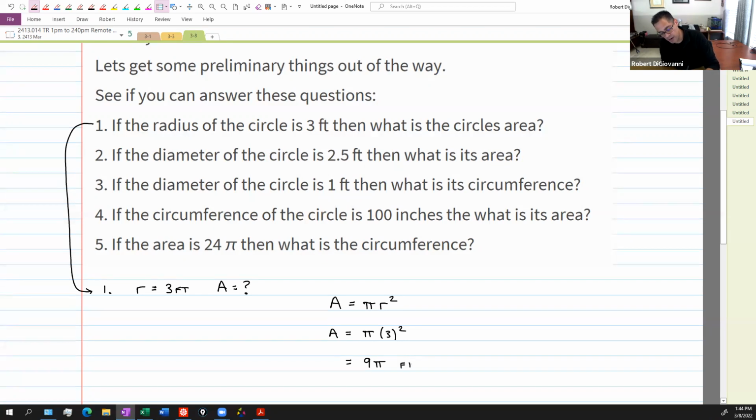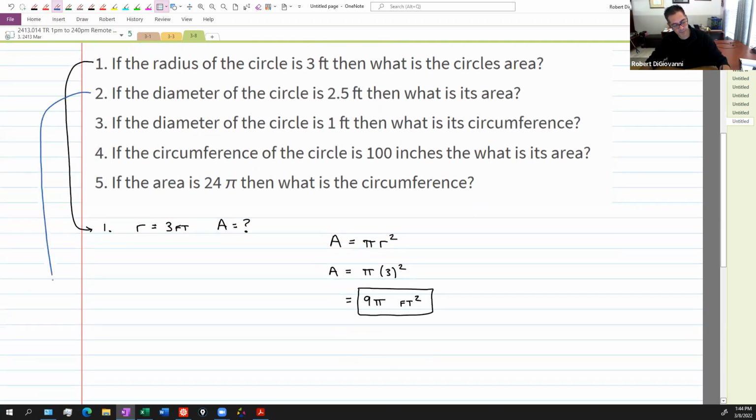And that would be square feet because we're measuring an area. Anytime you're measuring area, the unit that you're measuring in will be squared. You could turn pi into a decimal and get an approximate answer on your calculator, but I'm just going to leave it as an exact answer, 9 pi. Everyone comfortable with that?